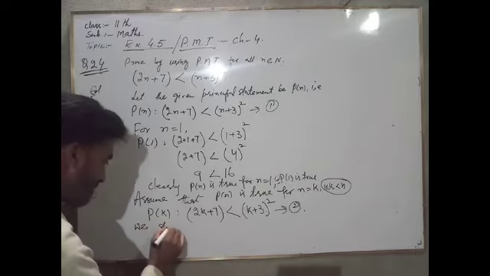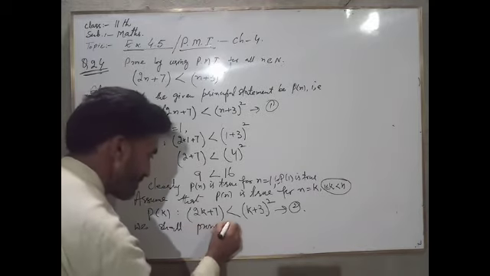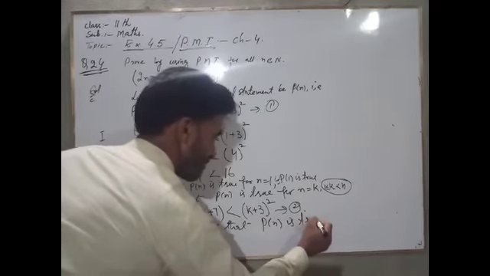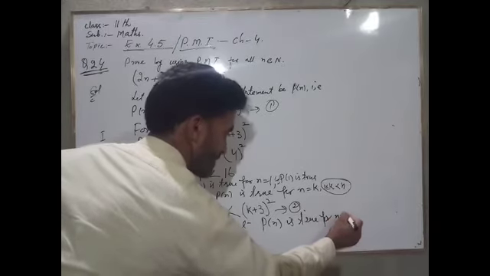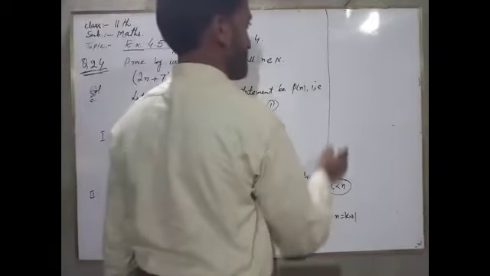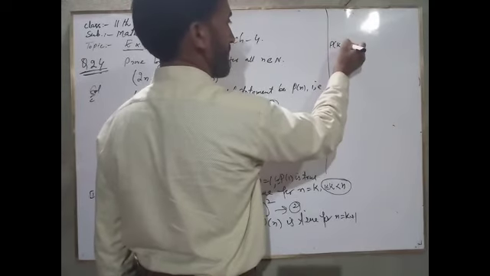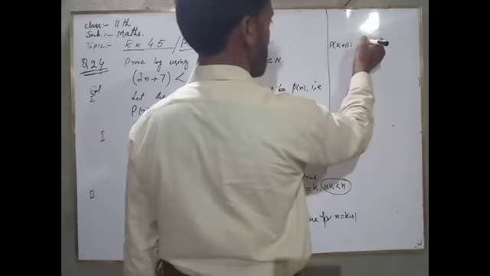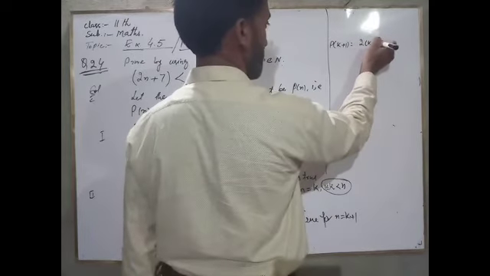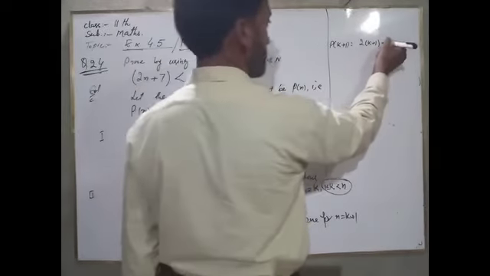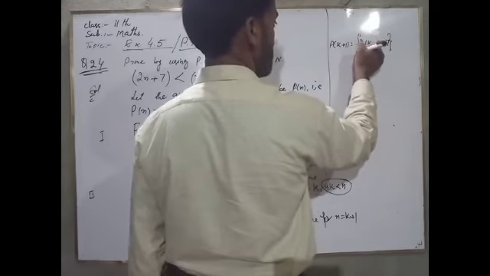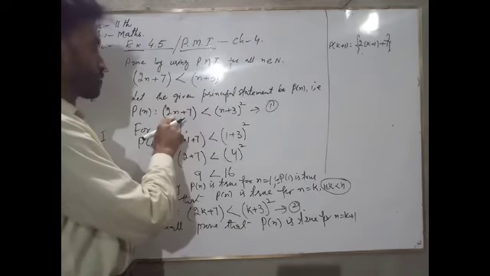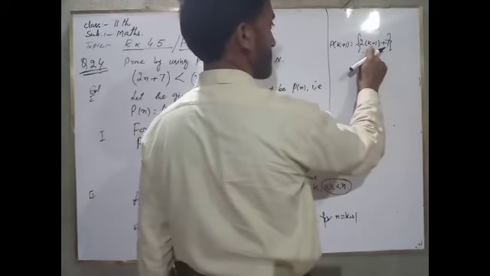Now we shall prove that Pn is true for n equal to k plus 1, that is P(k plus 1). Our principal statement will now be 2n plus 7, where n is k plus 1.